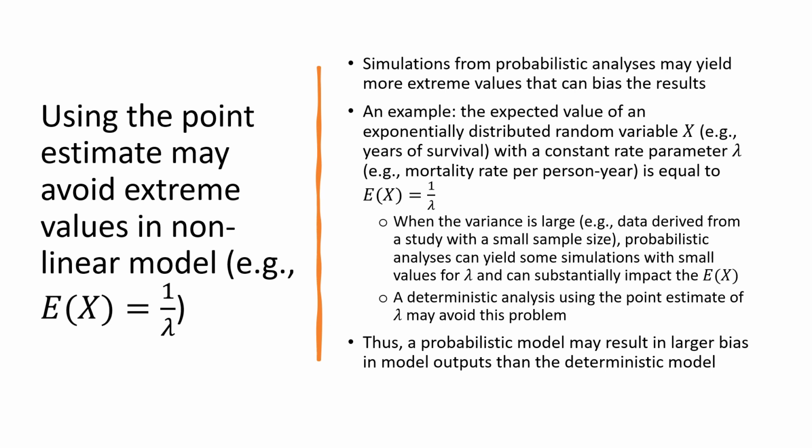When the variance is large, for data derived from a study with a small sample size, probabilistic analyses can yield some simulations with small values for lambda and can substantially impact the expected value of x. A deterministic analysis using the point estimate of lambda may avoid this problem. Thus, a probabilistic model may result in larger bias in model outputs than the deterministic model.